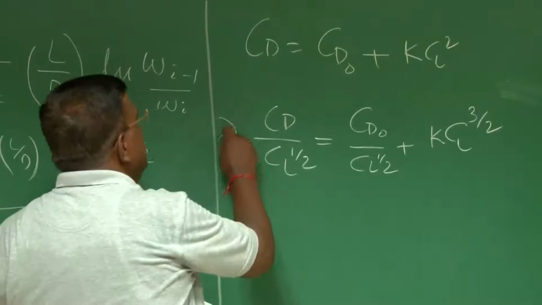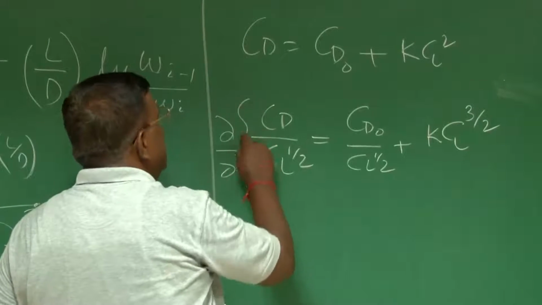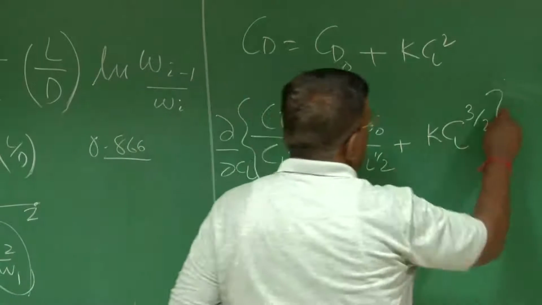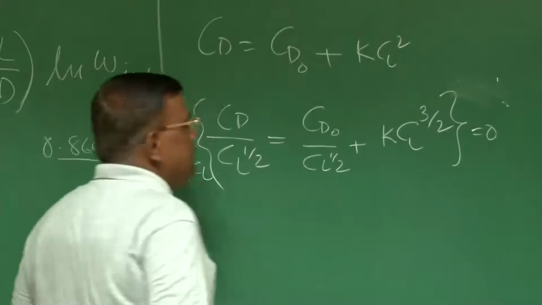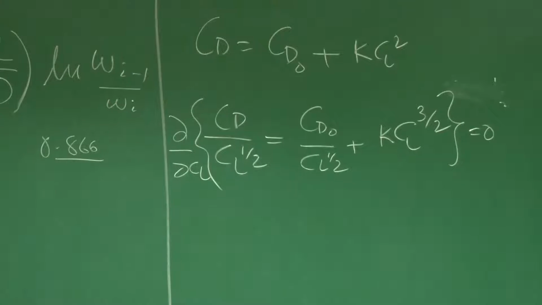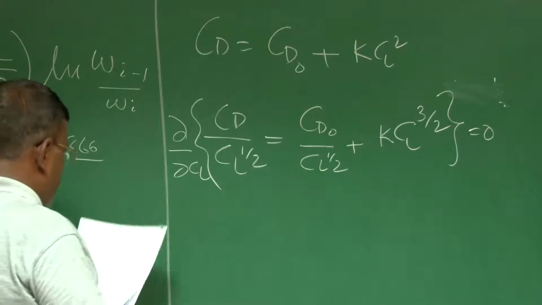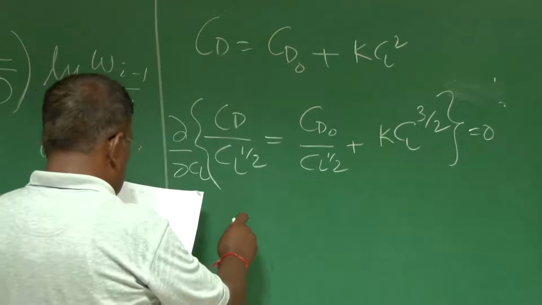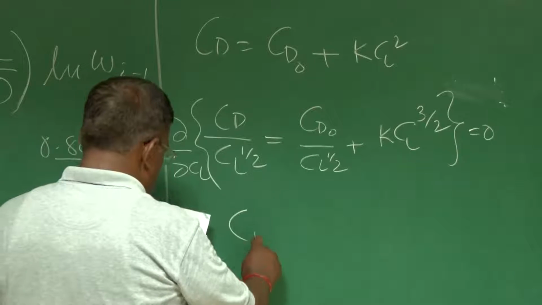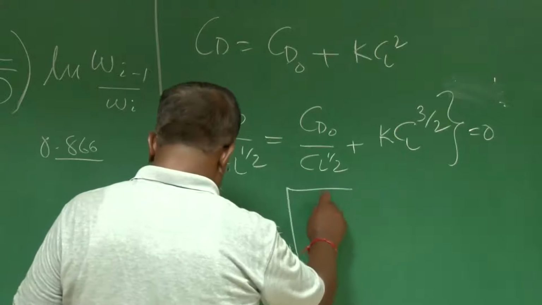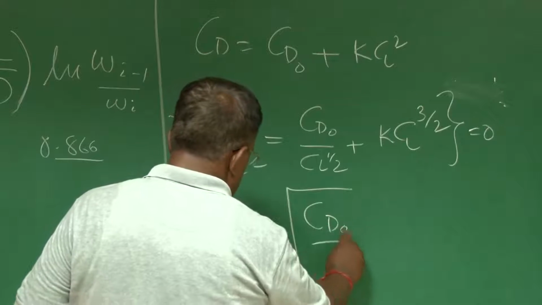So we differentiate this with respect to CL both sides and equate it to 0, and you could check that the second derivative will be positive, right? So this turning point, if I find out, I will get the condition CL equal to under root CD naught by 3K.